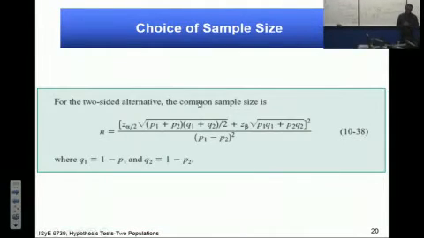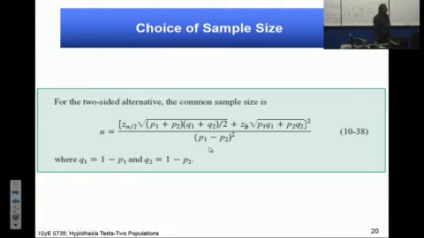Okay. So choice of sample size. It's a little bit ugly, the equation. But anyways, to gain power 1 minus beta under alpha, you use this equation. And I think this is a little bit wrong because this should be approximate. Okay? This is not exact.